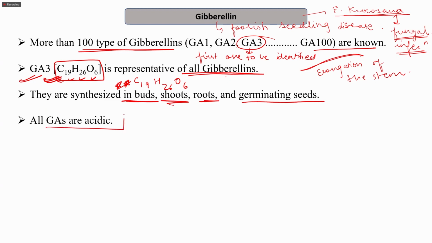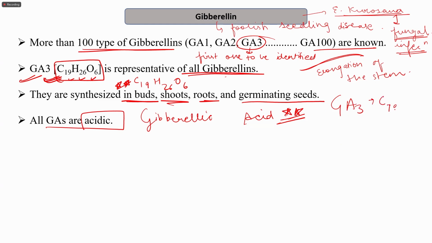All GAs are acidic in nature, as the name also suggests. We call it gibberellic acid. The first one to be identified was GA3. Representation is C19H26O6.